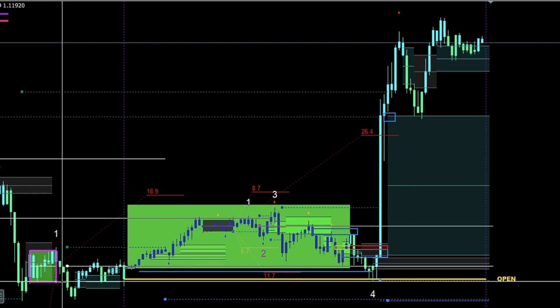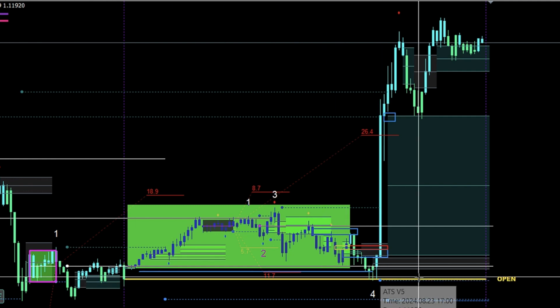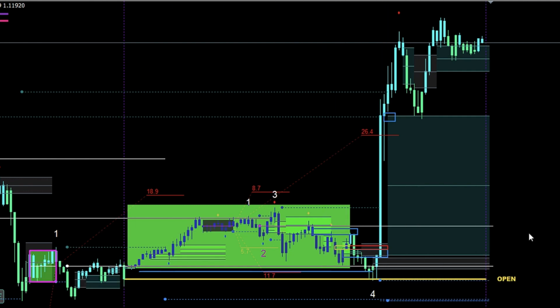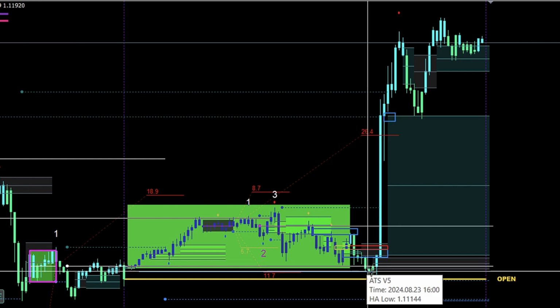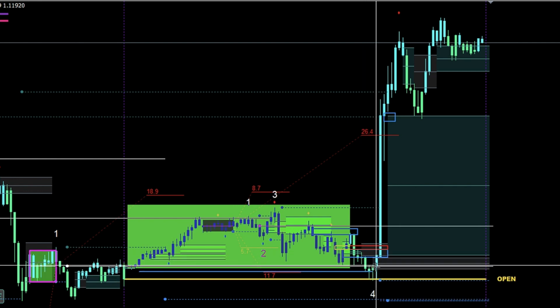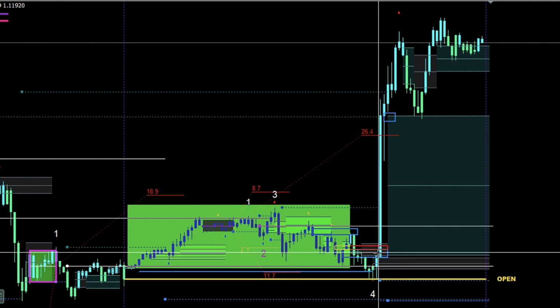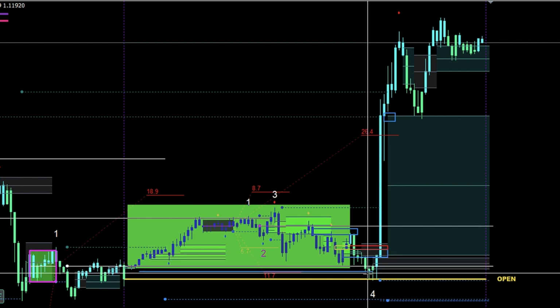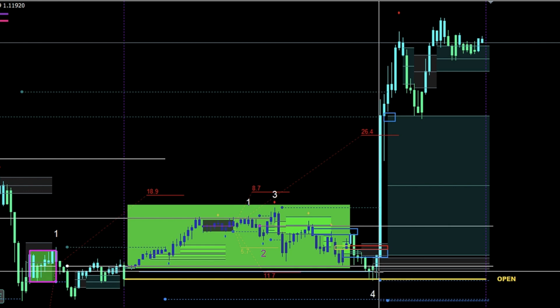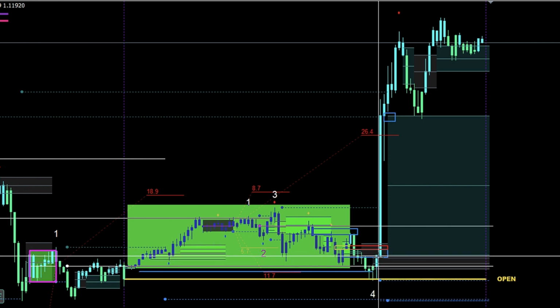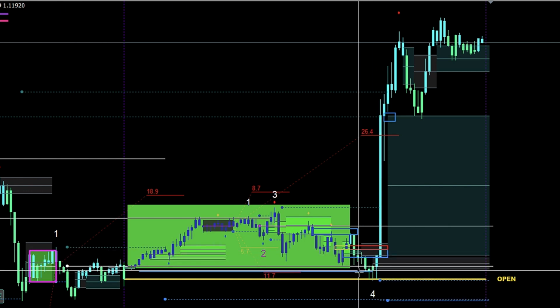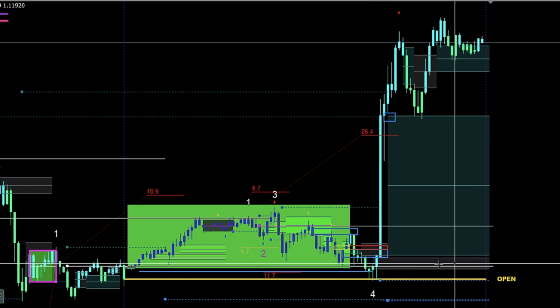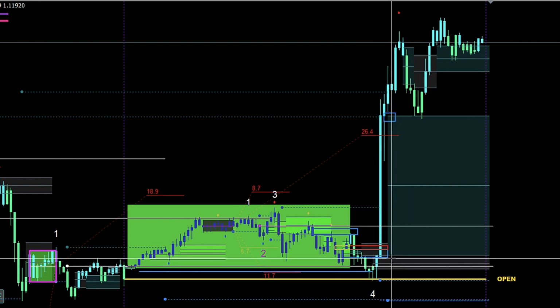It tested the low of the box, and at the same time it was the open, and formed this nice reversal candle here. Now the reversal candle would be these three candles. As you can see, we had three candles with small wicks and a close like this one, closing above the bearish fair value gap.